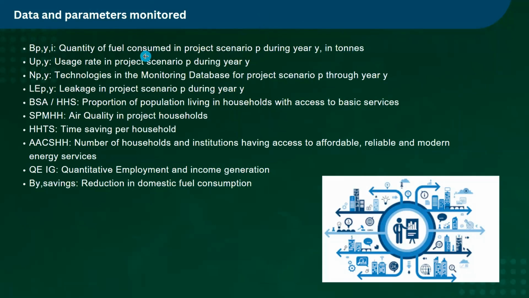So the quantity of fuel consumed, the usage rate, the technologies we have used, the leakage, and the proportion of people living in households with access to basic services, the air quality, and the time saving, and then the number of households and institutions that have access to affordable, reliable, and modern energy services, quantitative employment and income generation, and the reduction in domestic fuel consumption. All of these are important because they play a very important role, especially in the sustainable development goal impact, SDG impact calculation, and also in the baseline emission and the project emission.